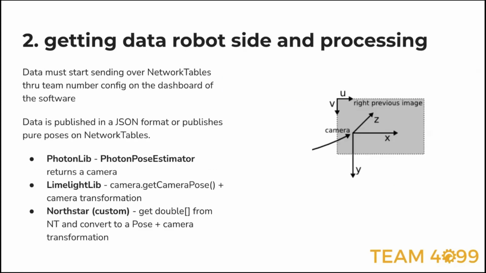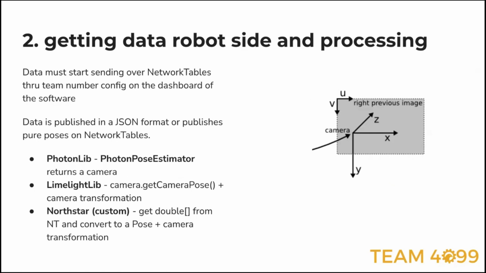Okay, so getting data to the robot side and actually processing that information is pretty easy to do based on the different software that you're using. Generally, all this data is getting sent over NetworkTables, and it's either being published as straight JSON or as a list of doubles, which represents the pose that your camera is getting, right?